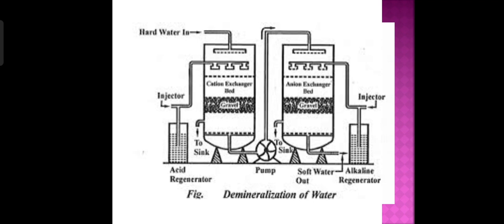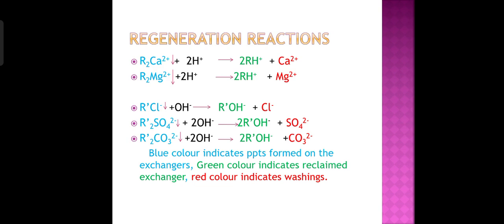Now the anion exchanger has to be injected with the alkaline regenerators to get it charged. RCl- will be recharged with the OH-, that is your alkaline regenerator, to form ROH-, the reclaimed anion exchanger, along with Cl-, SO4 2-, CO3 2- as impurities or washings. These reactions are shown very colorfully.